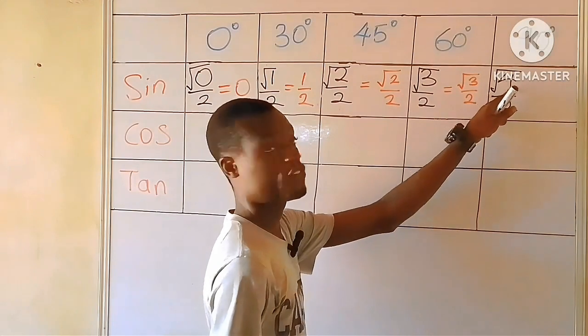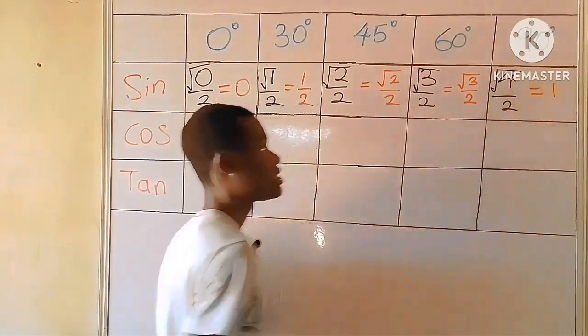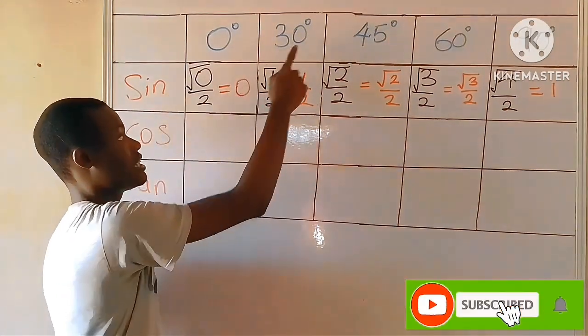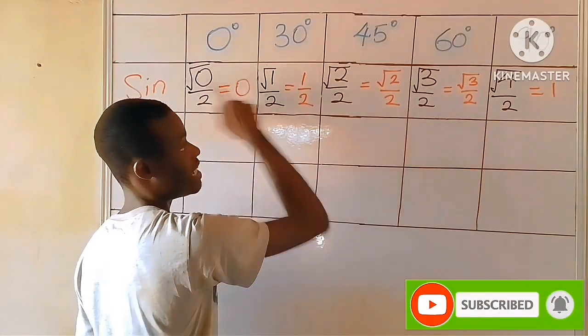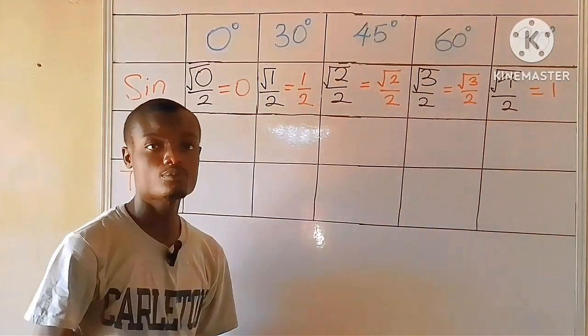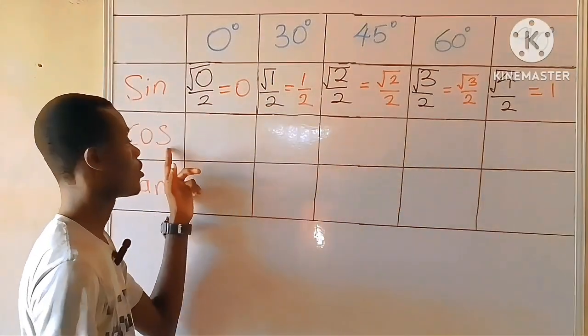And then the square root of 4 is 2, and 2 divided by 2 gives us 1. So it simply means that the sine of 0 is 0, the sine of 30 is 1 over 2, the sine of 45 is root 2 over 2, the sine of 60 is root 3 over 2, and the sine of 90 is 1.